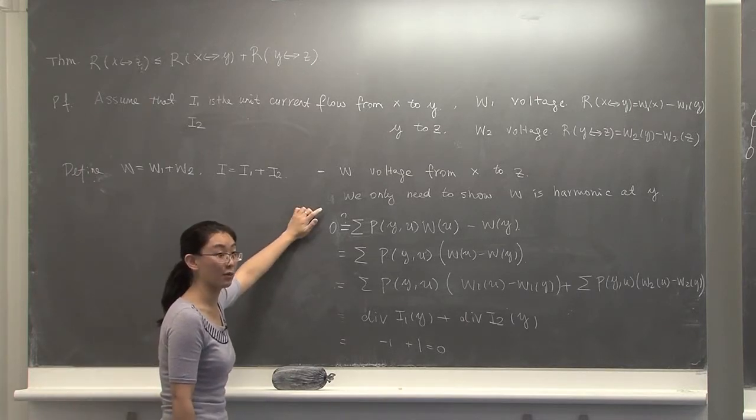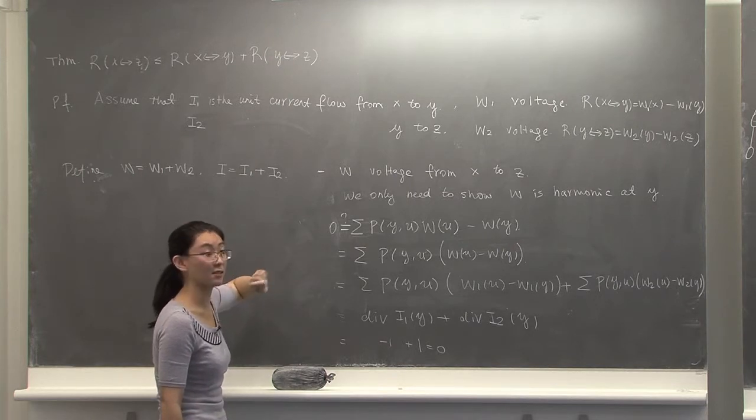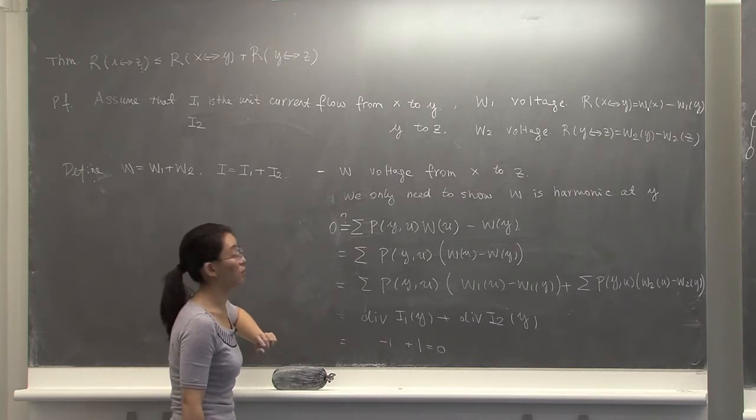And since it is harmonic at y, we know that it's a harmonic function outside x and z, so it is a voltage from x to z.